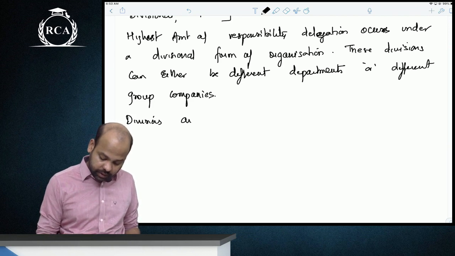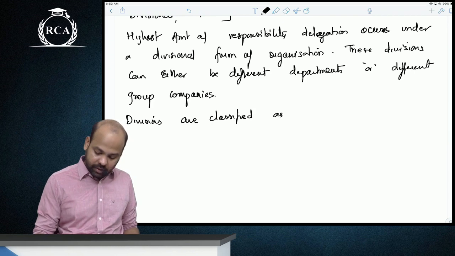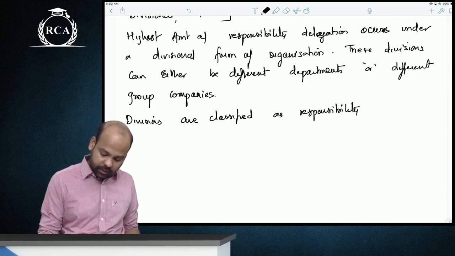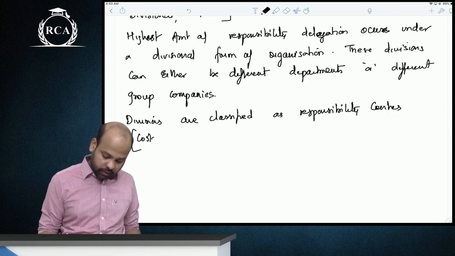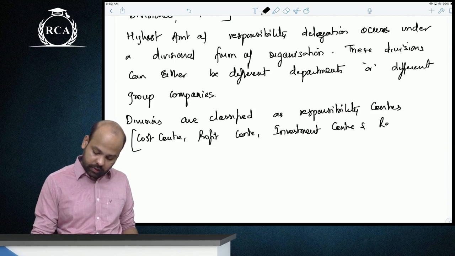The divisions are classified as responsibility centers. We all know that it can be a cost center, a profit center, an investment center, and a revenue center.